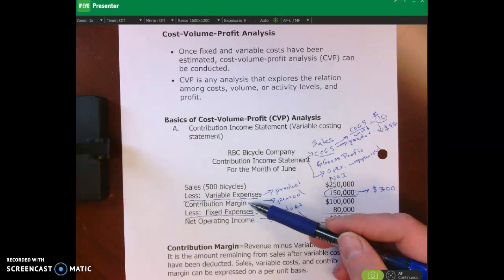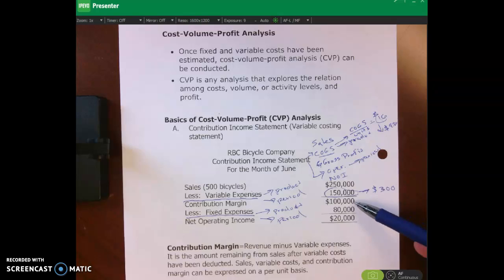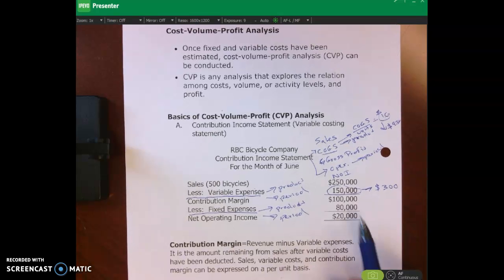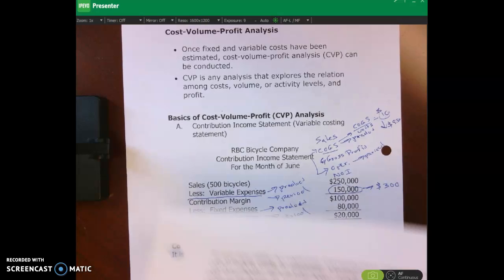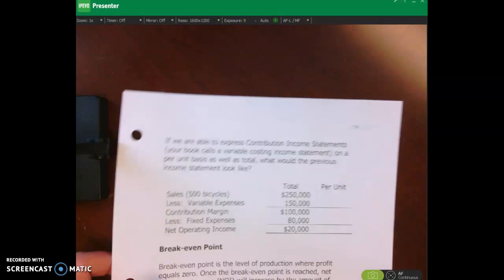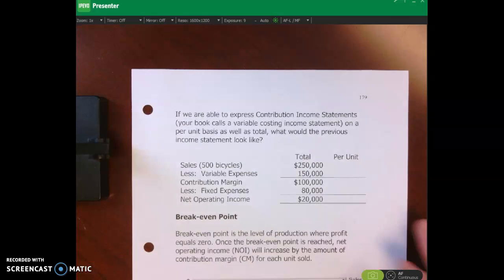You can think of contribution margin as profit or net operating income before we subtract out our fixed expenses. Then we take our contribution margin minus our fixed expenses to give us our net operating income.